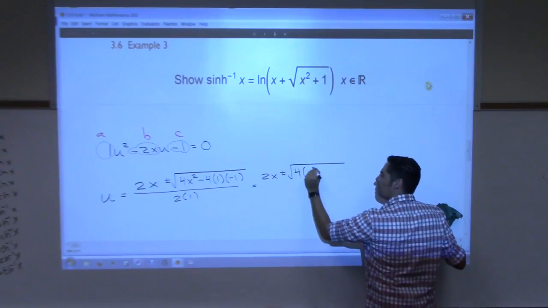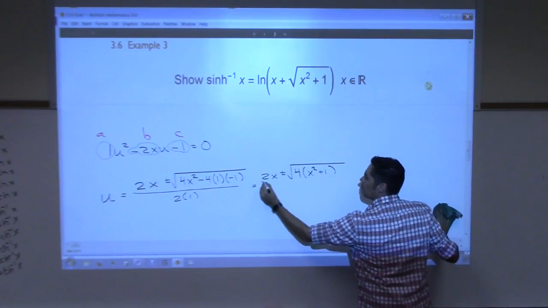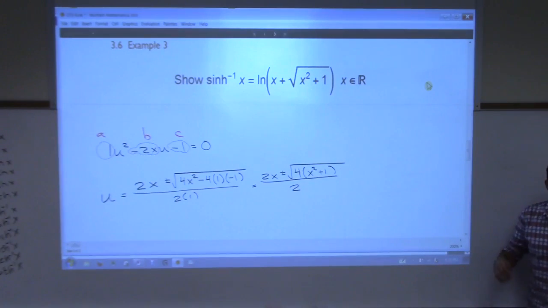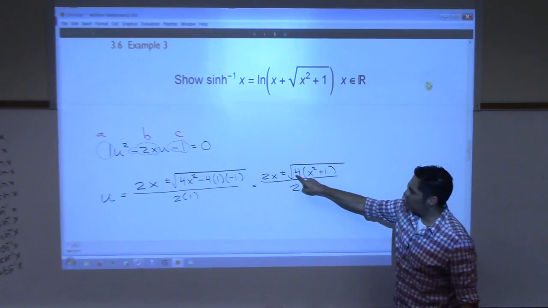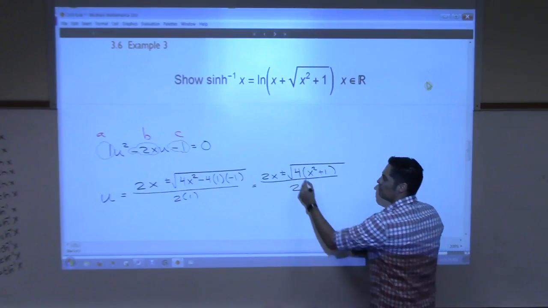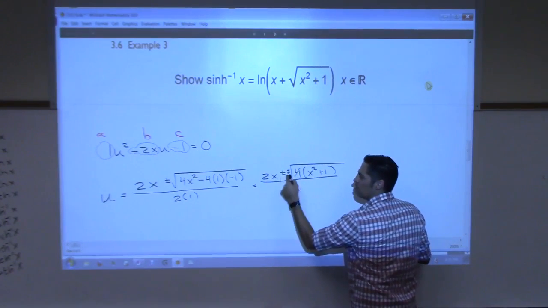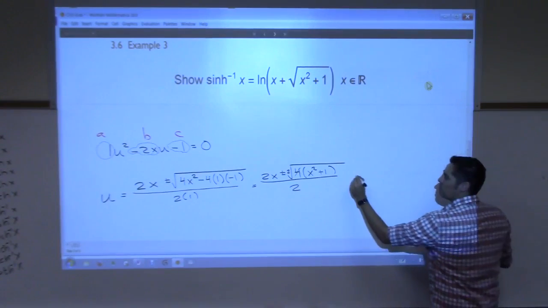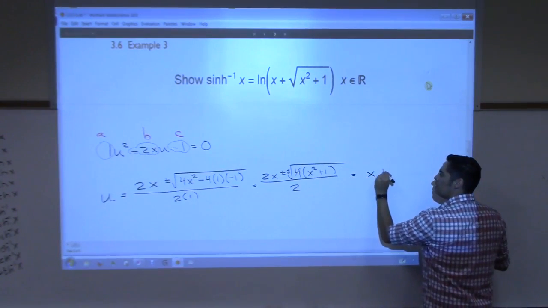Can I write it this way? No, I did that for a reason, because 4 is a perfect square, and it's going to come out of that root. And once it comes out of this root, it's going to be a 2 right there. And now this has a 2, this has a 2, and this has a 2, which means all the 2's go away, which leaves me with what? X.